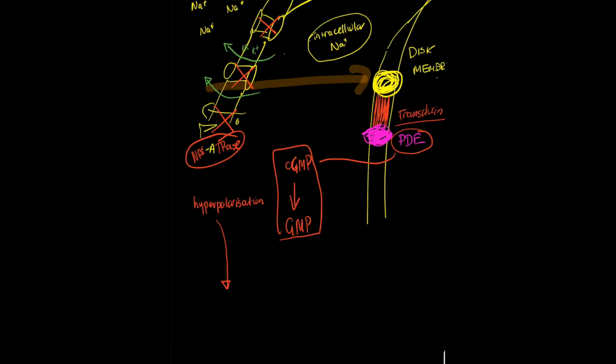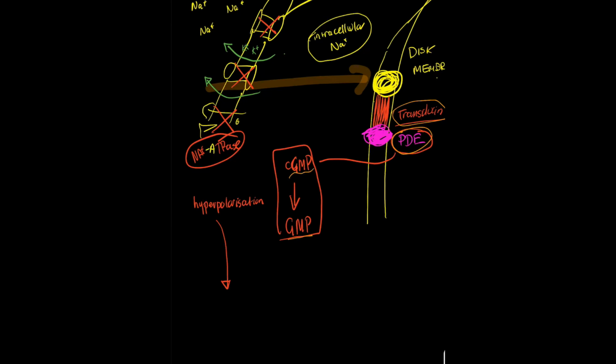So just to sum this up, light activates these rhodopsin molecules here. Rhodopsin molecules turn on transducin, which is the G protein, which activates PDE, which then takes cGMP and converts it to GMP.